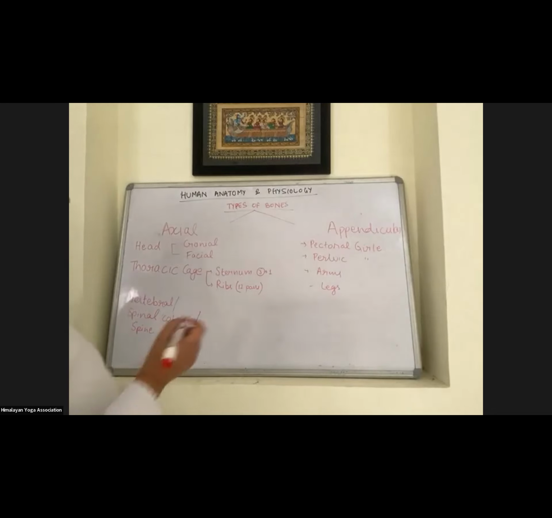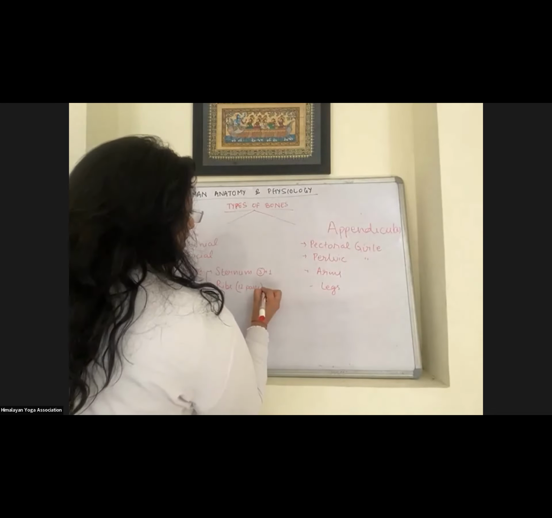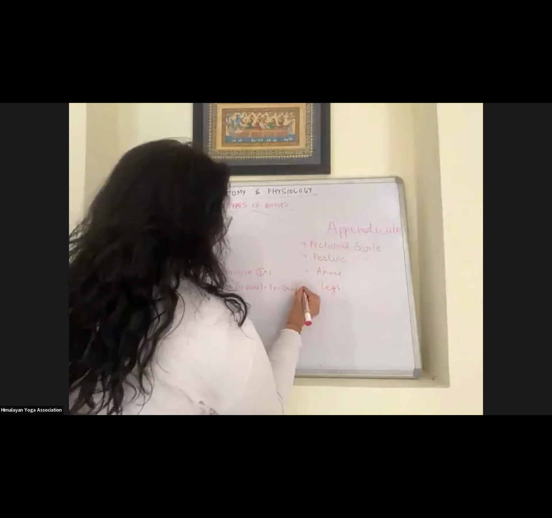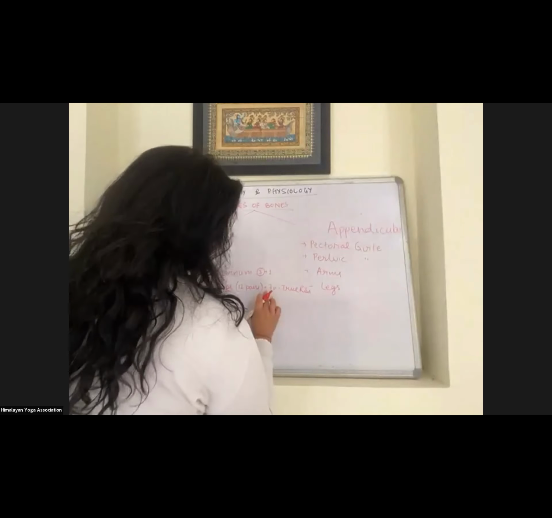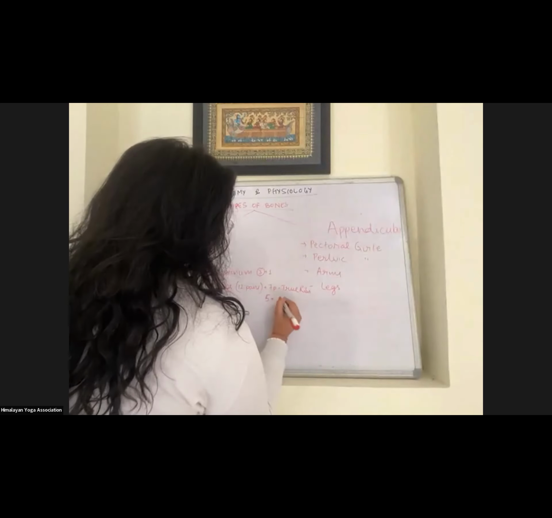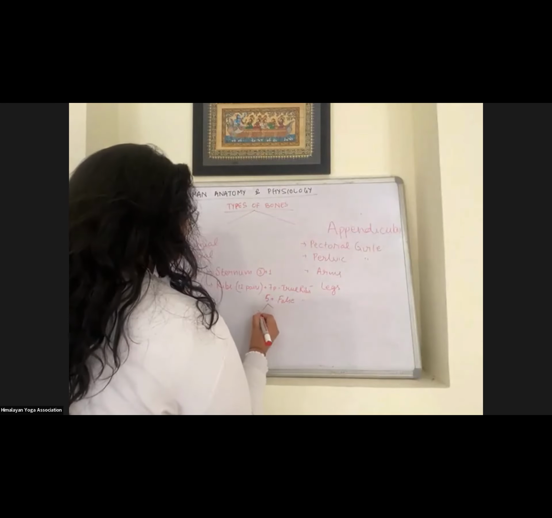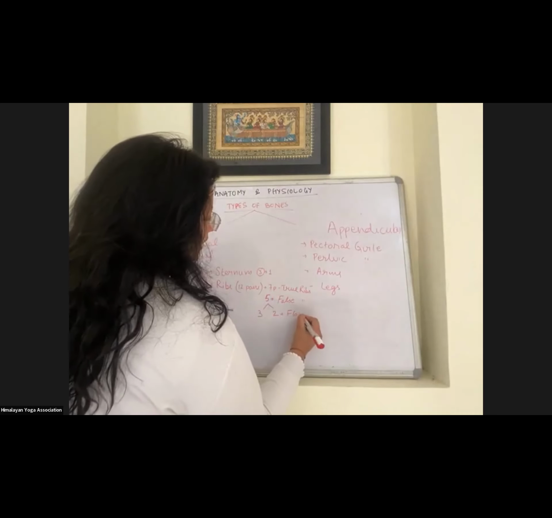Of the 12 pairs, 7 are true ribs, 5 are false ribs, and of those 5, 2 are called floating.